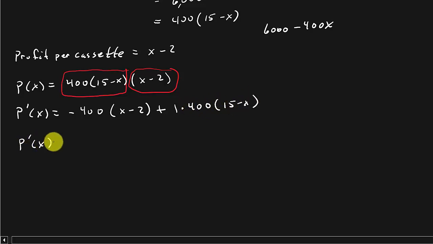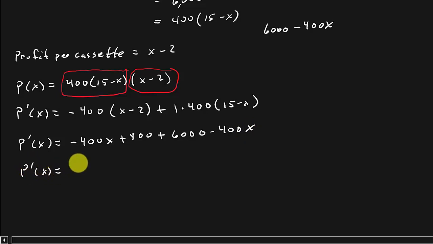And so p prime of x would equal negative 400x plus 800 plus, and that's going to be 6,000 minus 400x. And so I get P prime of x is equal to 6,800 minus 800x.